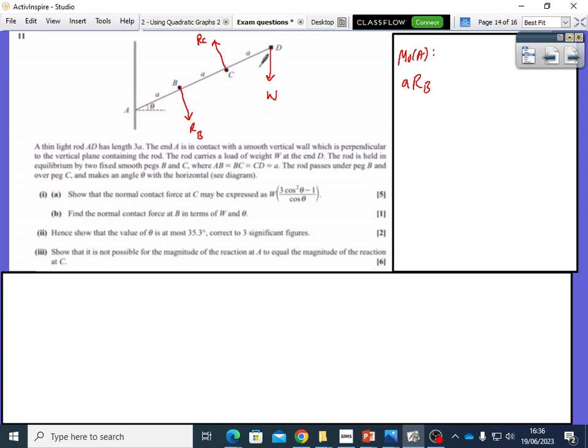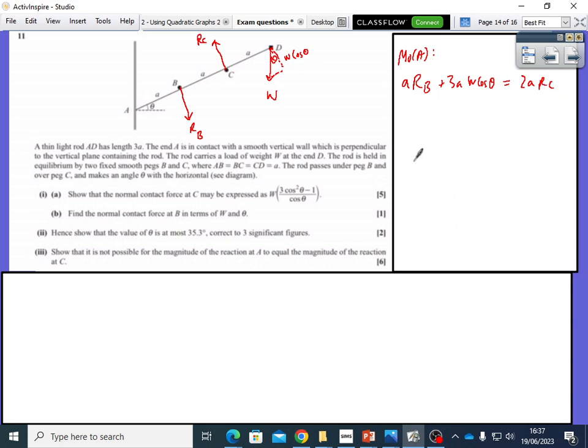And this one's going down, but we want it perpendicular, so if I come down here and bring that there, that will be theta, so this will be W cos theta, and times that by 3A, so that will be 3A W cos theta, and that's going to equal 2A times RC.